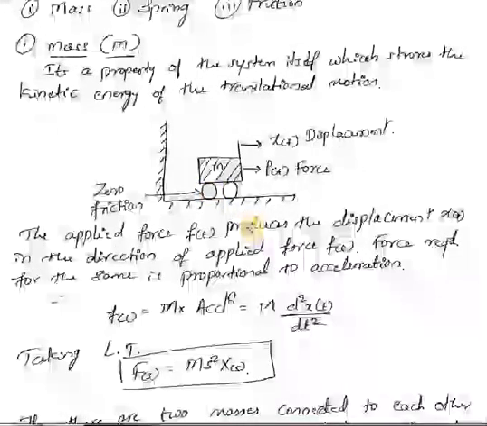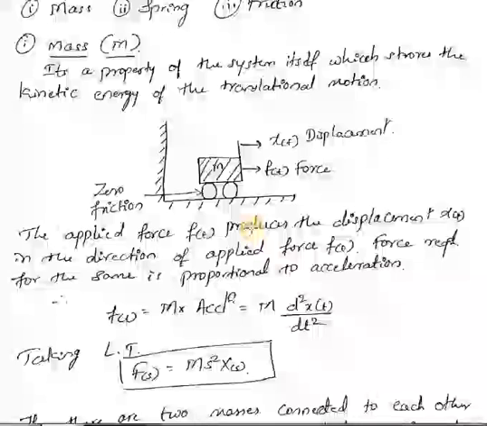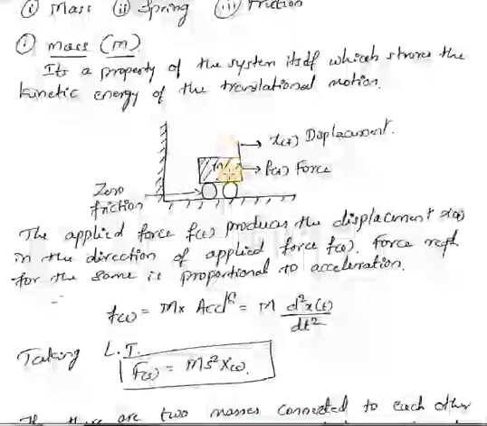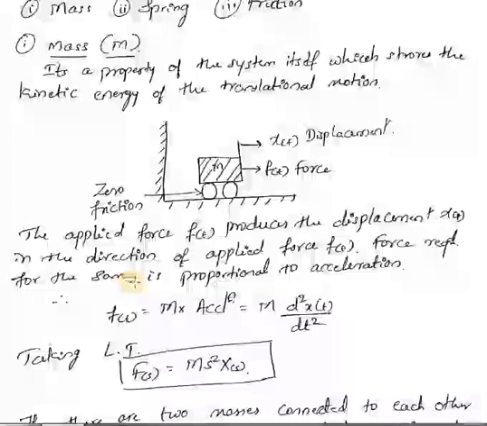For this, if you want to write the transfer function, you should know the output. Here the output is the displacement of this mass and the input is the force we apply on this body. The force required for the same displacement is proportional to the acceleration here.